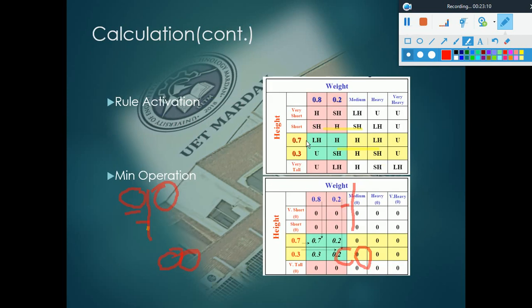So the weight is 0.8 and 0.2, and the height is 0.7 and 0.3, so it can fall under this category.